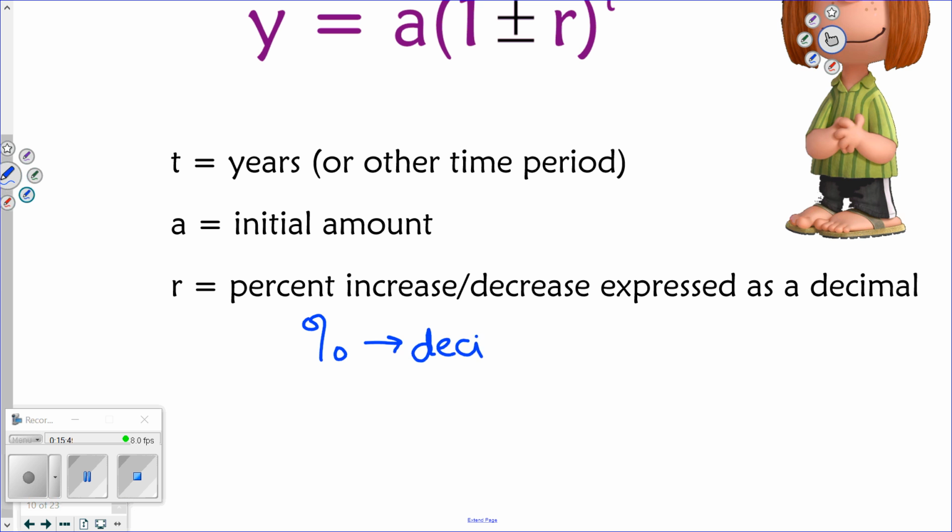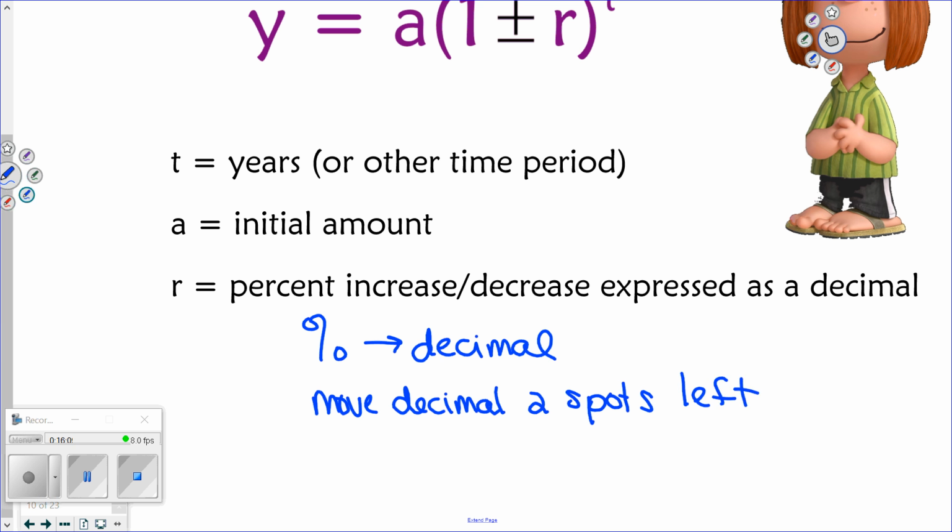How do you do that? If you don't have the button on your calculator, move your decimal how many spots? 2. So you're going to move the decimal 2 spots. Which direction? Left. In other words, what mathematical thing are you doing when you move a decimal 2 spots to the left?